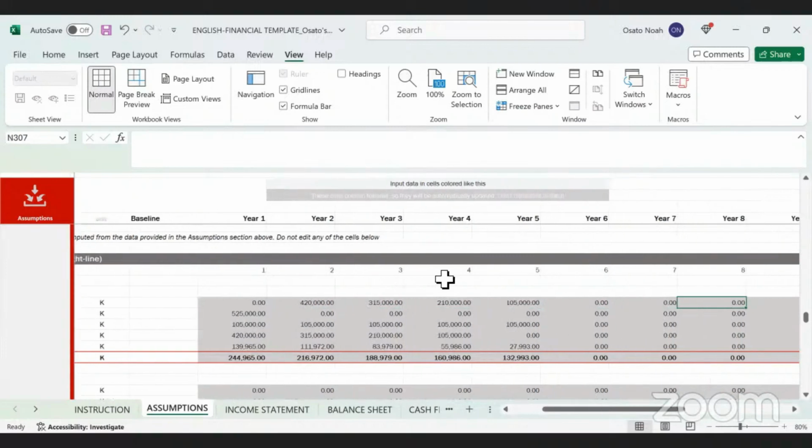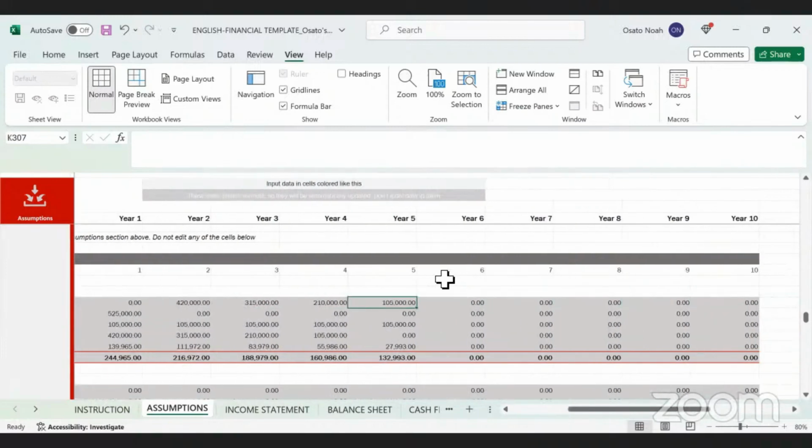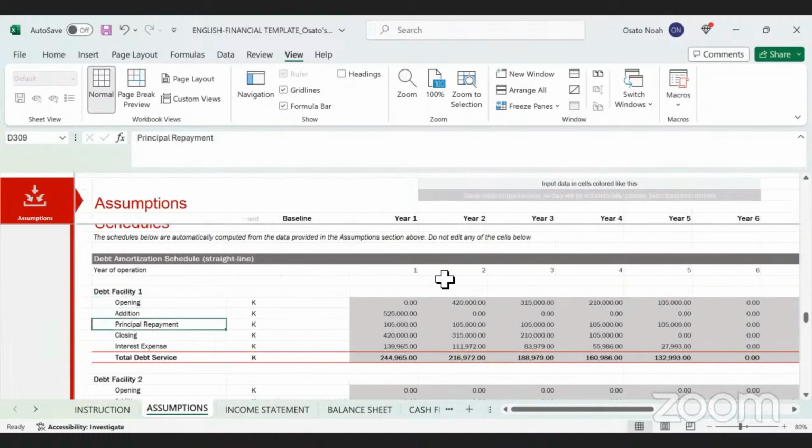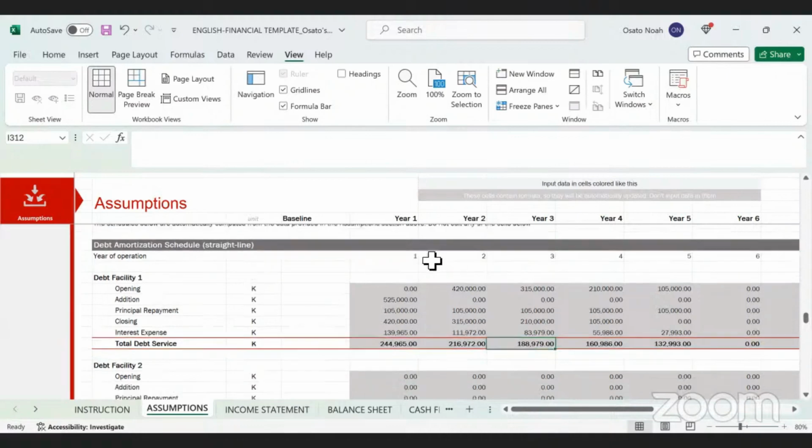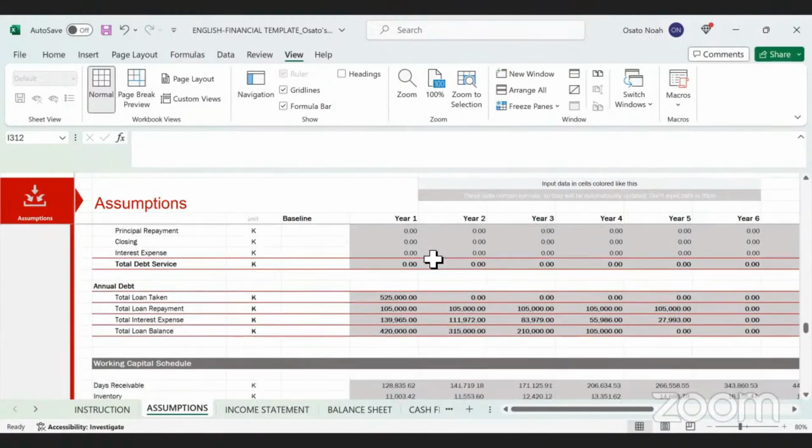And then it's amortized. We pay back, look at it by year 5, based on what we said there on the loan. Then the additional cost to that loan, our principal payment, the closing, all of the money we have to pay, total debt service. So year 1, we have to pay 244. This just shows you your debt schedule and how you have to pay back your debt.